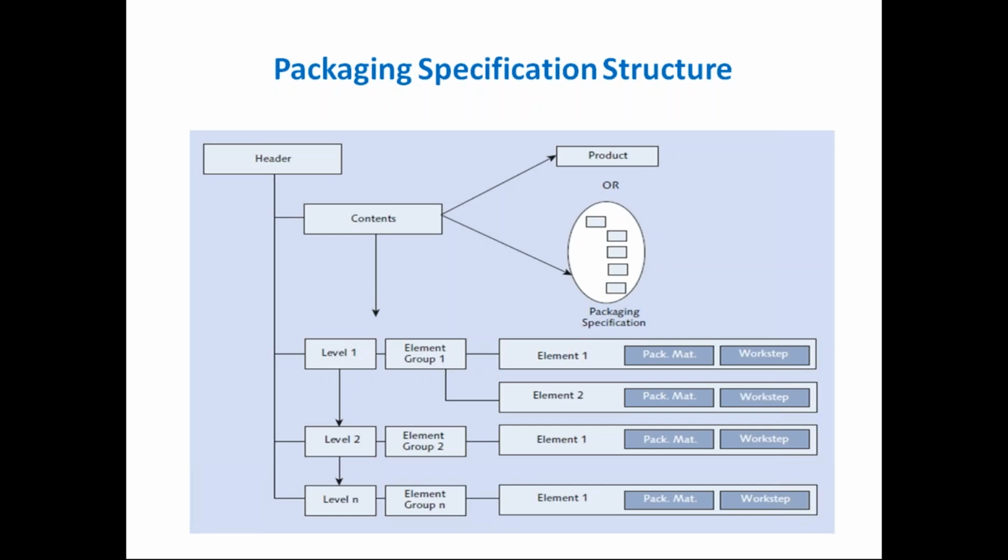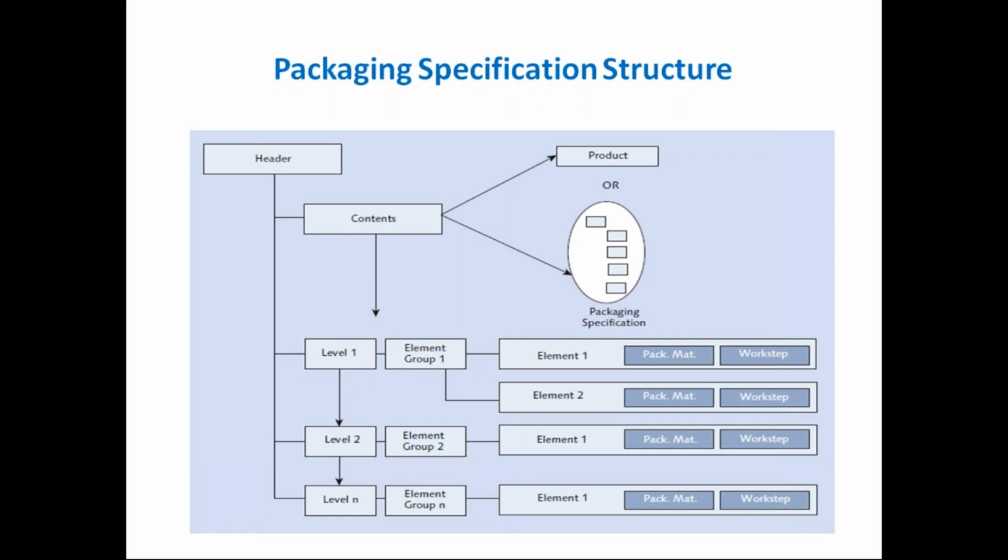If we go with two levels, we can keep the two auxiliary products in one level and the main packaging material in one level. It means we are differentiating our packaging specification into different levels, one or more. Unlimited levels are there.